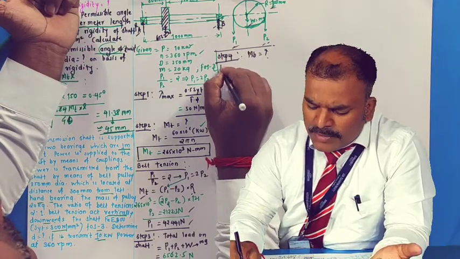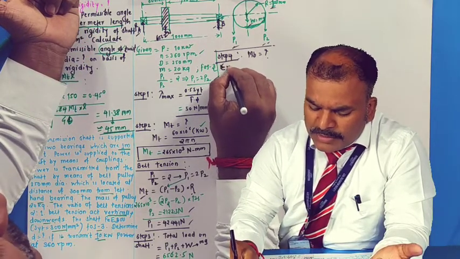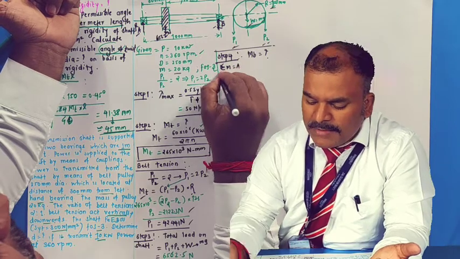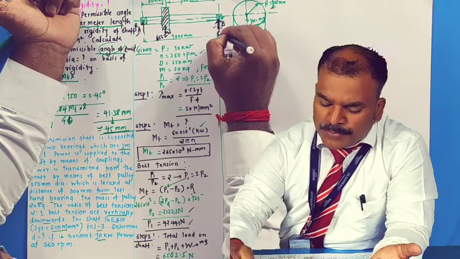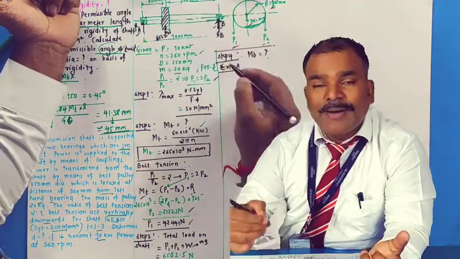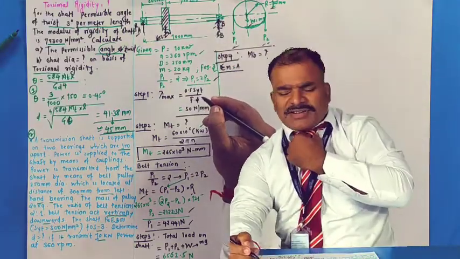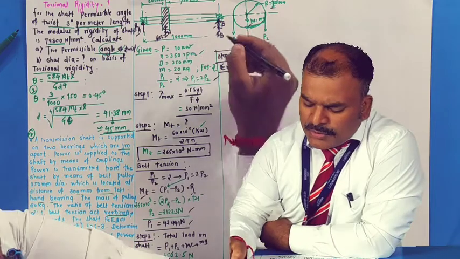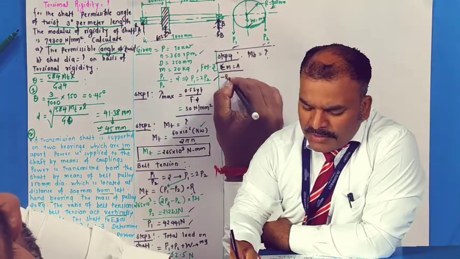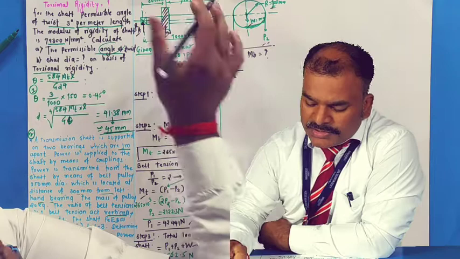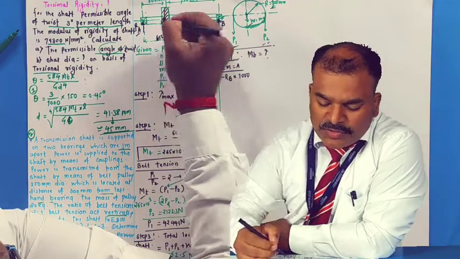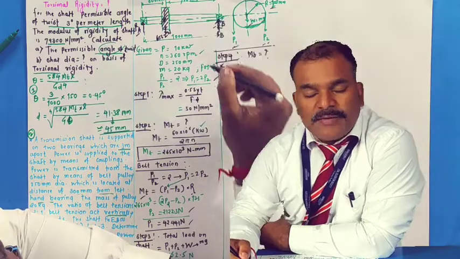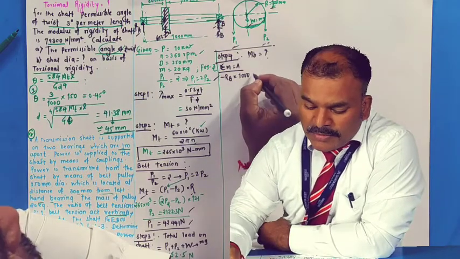So I'll take moment with respect to A, bearing A. How? I'll take this condition RB upward as negative from my point. You can take positive also, but this is the simplest method. So you can see minus RB into total distance 1000. Correct? Now this force is moving downward. This is upward, we have considered negative. It is positive then.